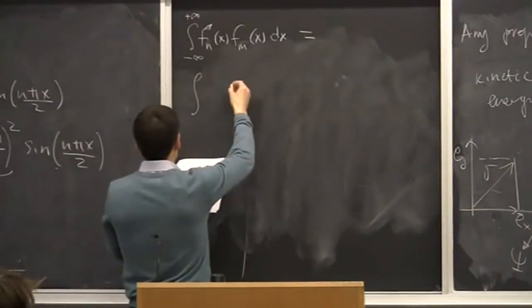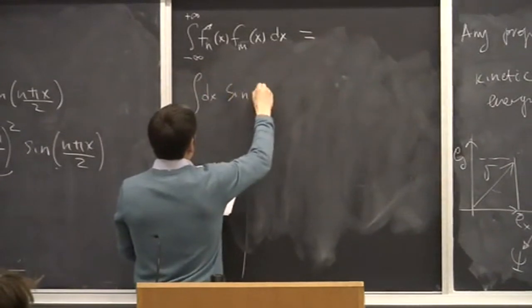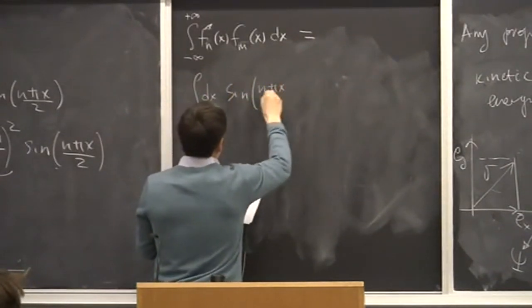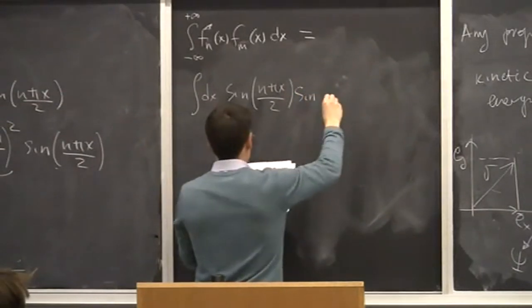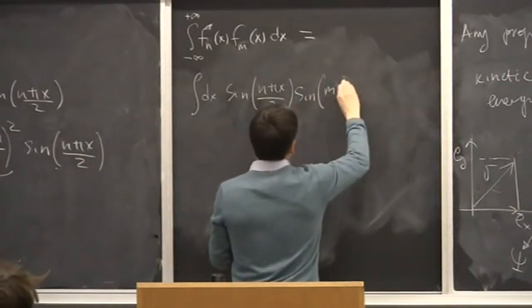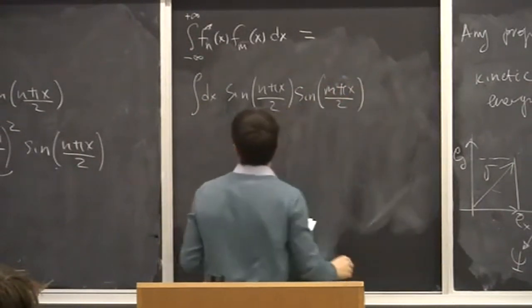Okay, so this integral, if we put the functions inside, is sine of n pi x divided by 2, times sine of m pi x divided by 2. Okay?